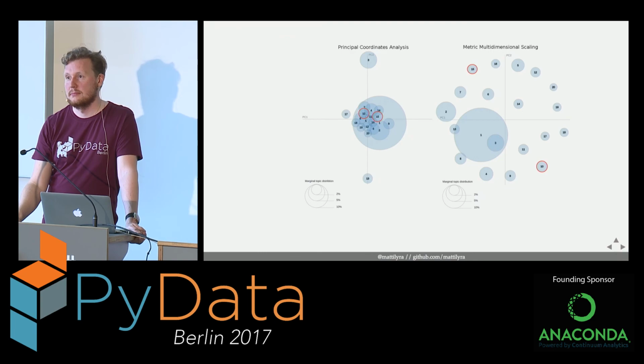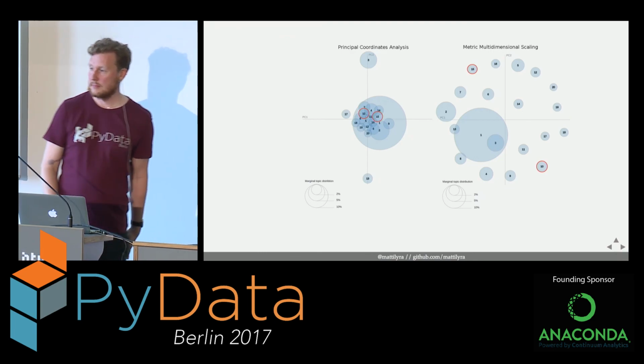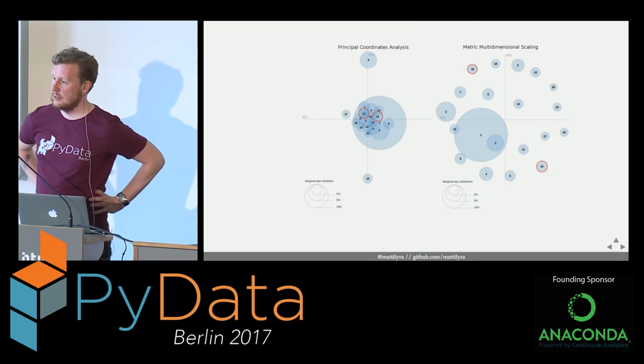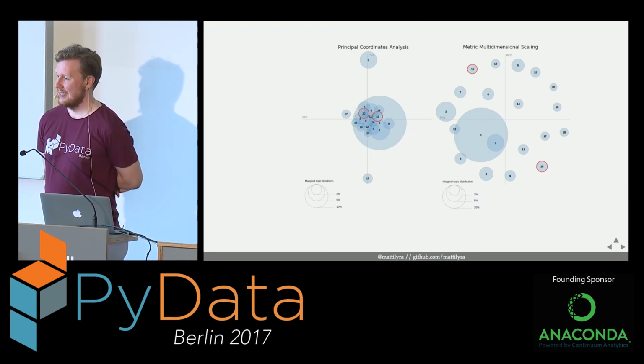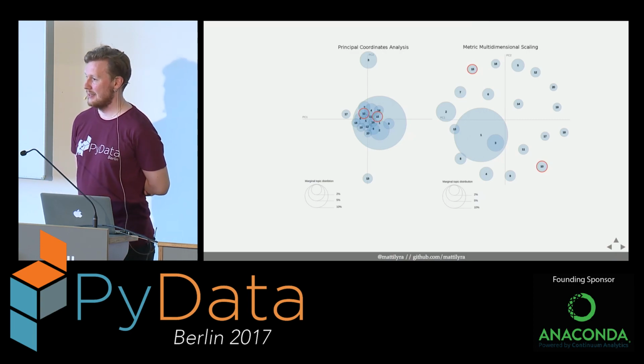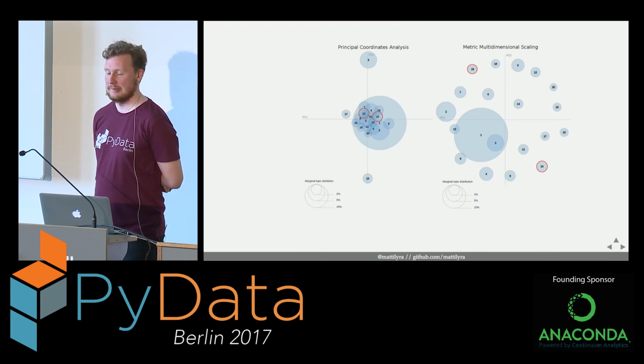Okay. I see. Mira? PCoA. So PCoA versus MDS. One thing you hinted at, but didn't make very explicit, is that these are actually very complicated beasts in their own right.